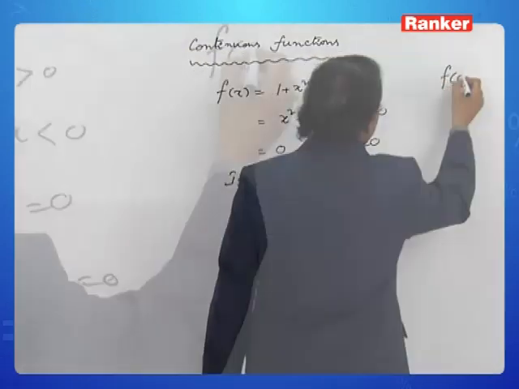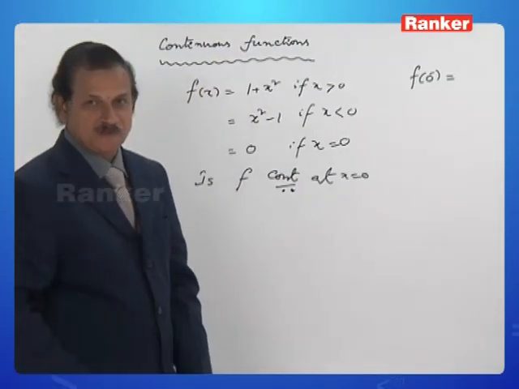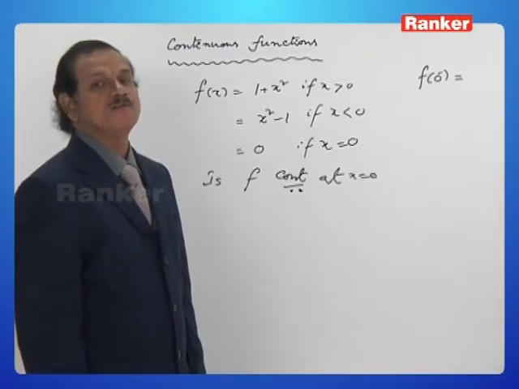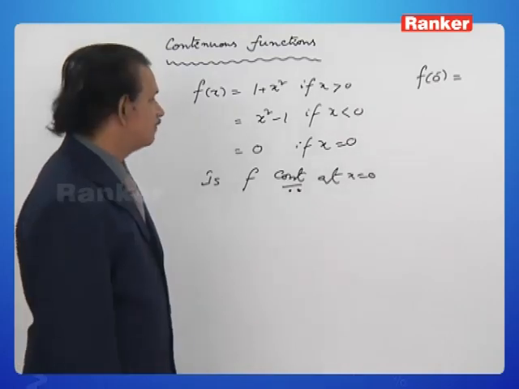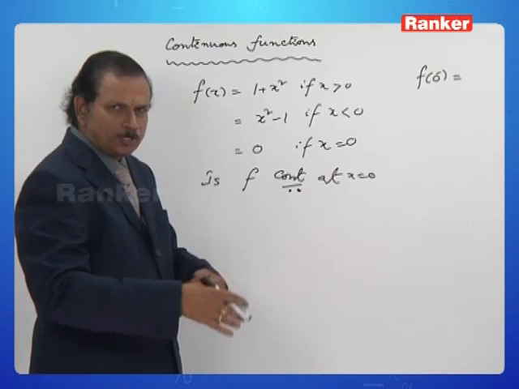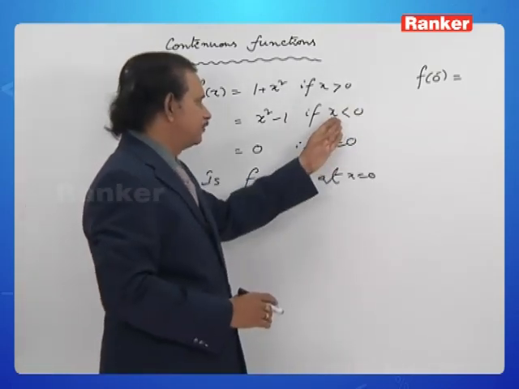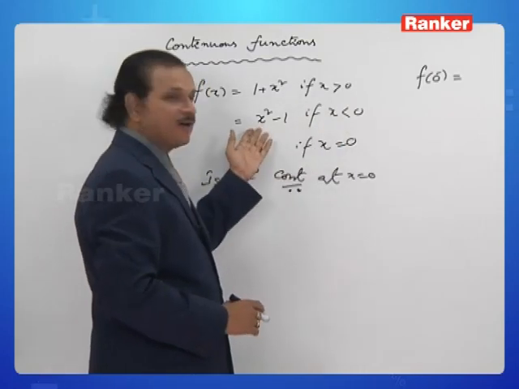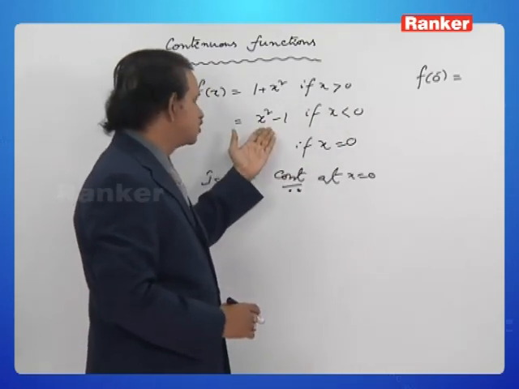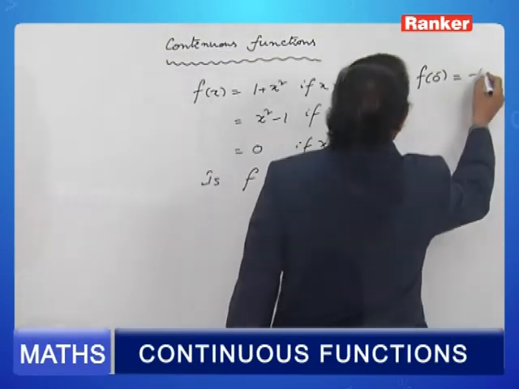That is f of 0 from left. What is the meaning of f of 0 from left? Limit of f of x as x tends to 0 from left. X is left to 0 means x less than 0. This is the function. So f of x as x tends to 0 is 0 square minus 1. What is that? Minus 1.